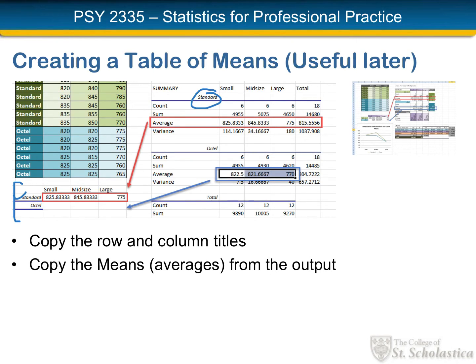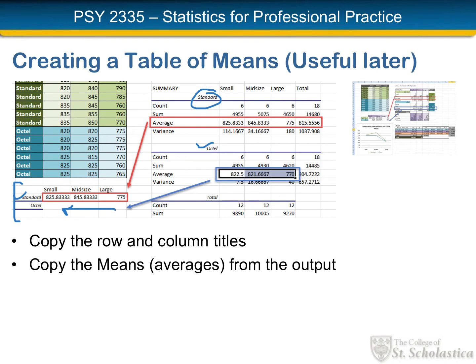I'd copied the labels as well. And then I'm in the process of grabbing the means from the octal group and moving them into the second row of my table. This will be useful in my write-up, and it will also make it easy for me to create the graph that you saw earlier in this video.